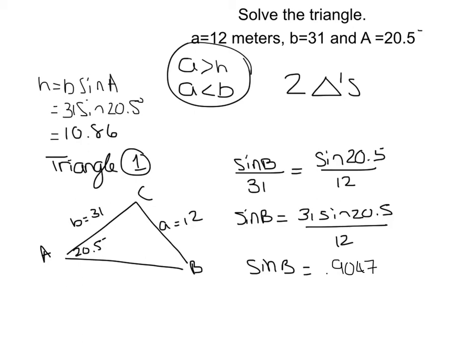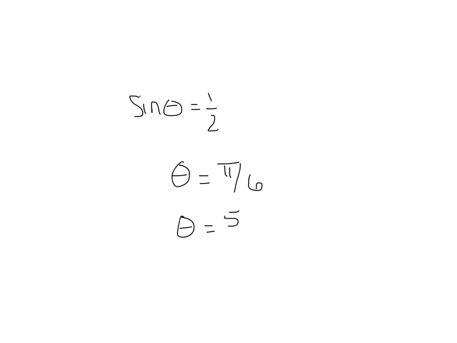Well, let's explore it. Let's go back for a moment. The unit circle. If I said sine theta equals a half, doesn't theta correspond to two possible solutions? Theta could equal what? Pi over 6, good, and theta could also equal 5 pi over 6.